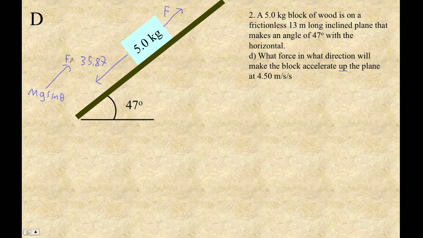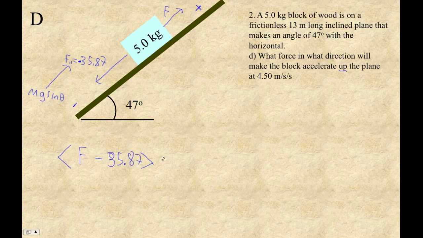This one's going to be down the plane, because down the plane is always negative and up the plane is positive. That's the way I do it. So the unknown force is positive, and the picture of our forces looks like this: some force minus 35.87.